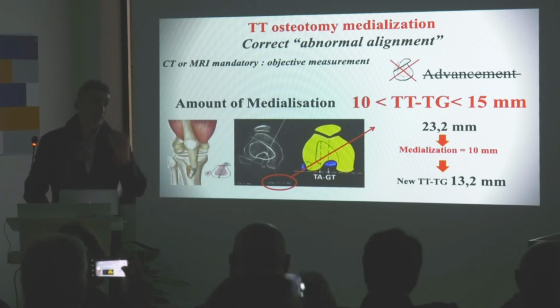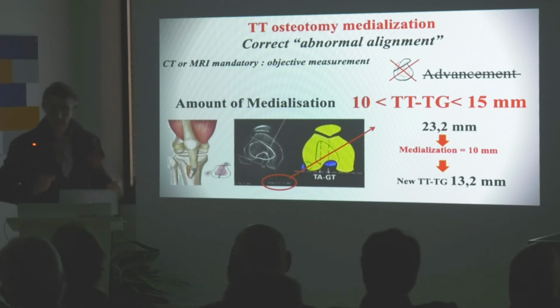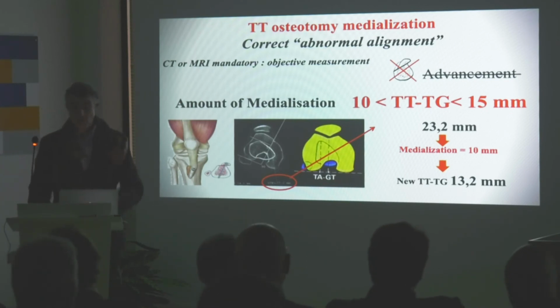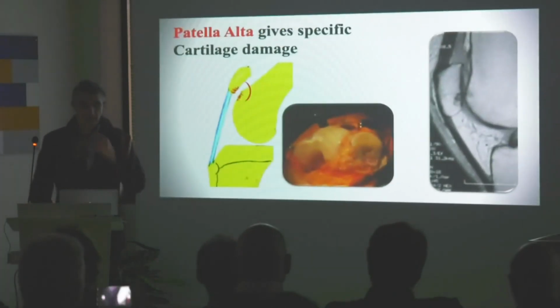Advancement means nothing. It doesn't work. The Fulkerson osteotomy, I can say that because we are not in the US, is very bad surgery for me. Probably because Fulkerson didn't know the difference between pain and instability. They were doing that for everybody, saying it's okay, I will correct maybe things. So no advancement, please.